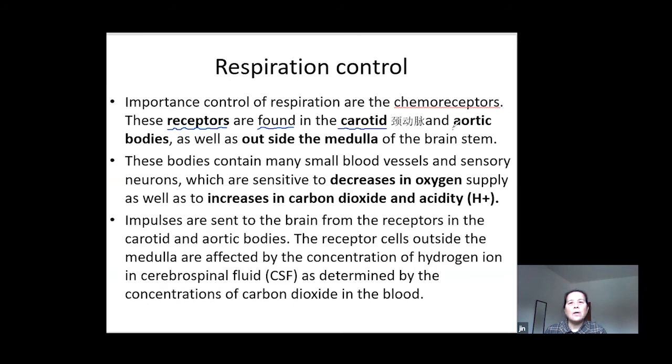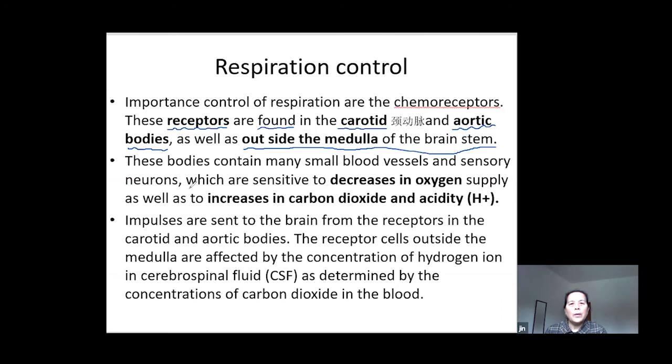And also inside the aorta, we have an aortic body there. And also we find them on the outside of the medulla of the brainstem. They also have receptors there.